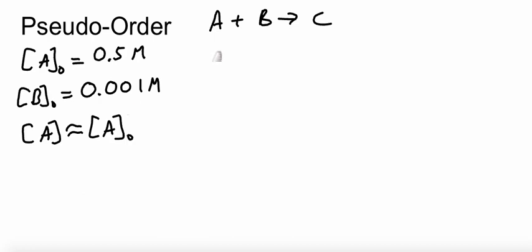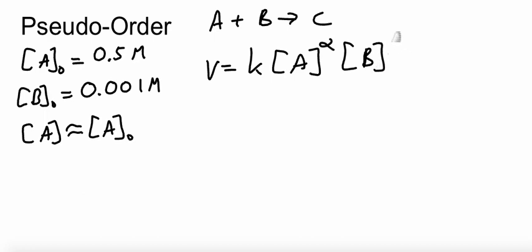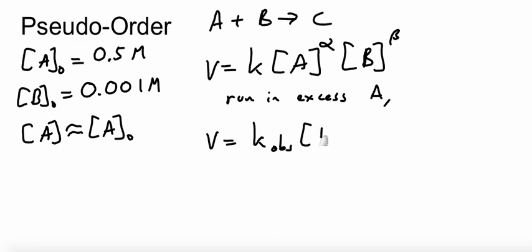So we can summarize that by saying, let's say we've got V is equal to k, [A] to some exponent, and [B] to some other exponent. If we run in excess, especially a large excess of A, we can say V is equal to k observed [B] to the beta.